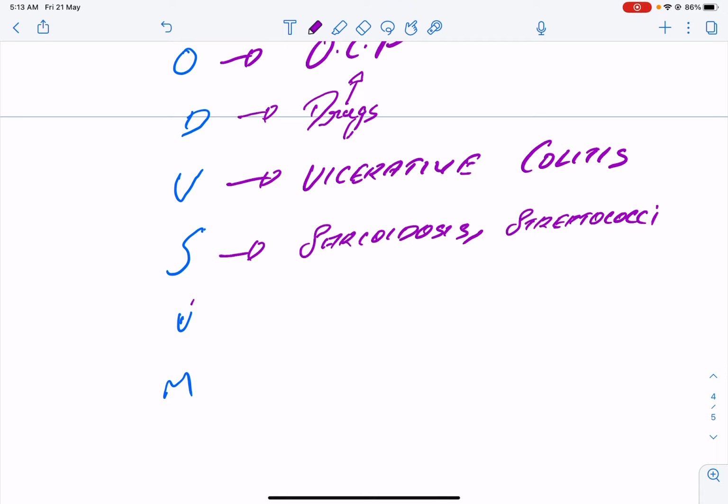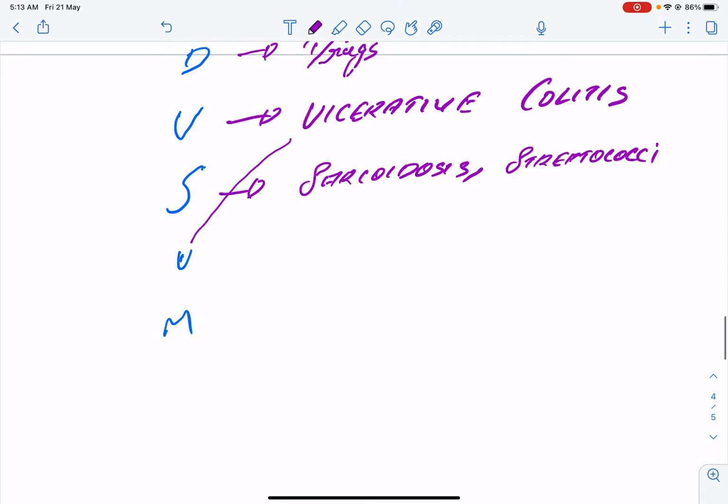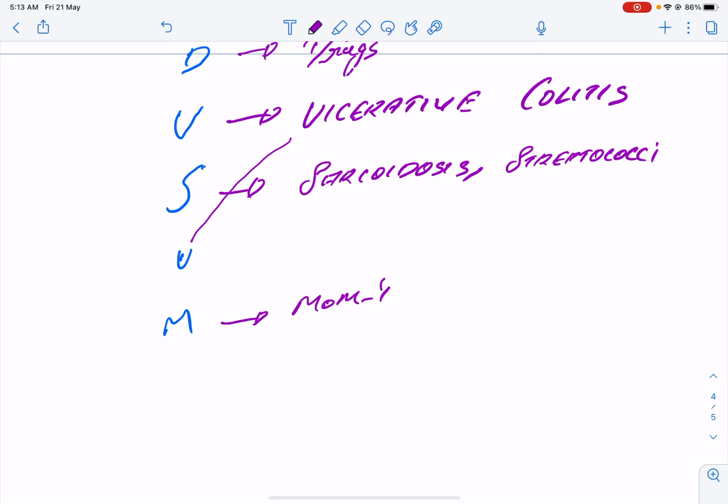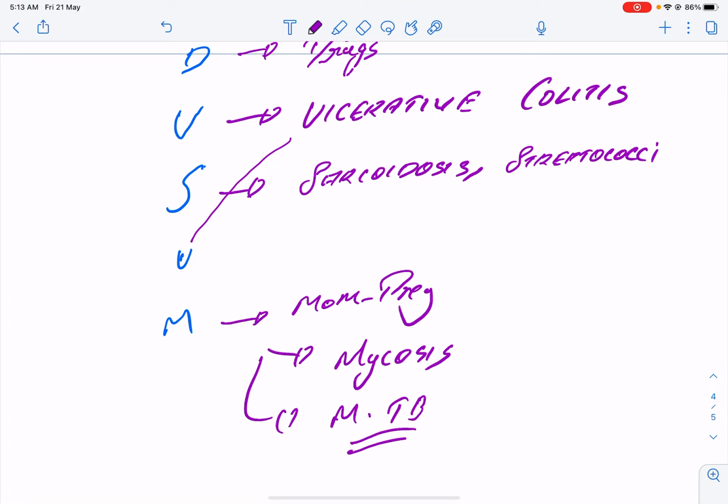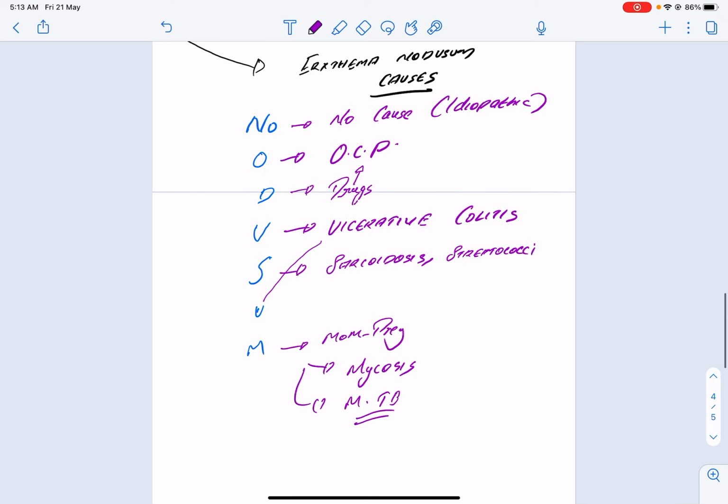Then U again, ulcerative colitis. Remember M like maternity, that is pregnancy, mother, mom. Pregnancy, as well as mycosis, fungal infection, and Mycobacterium tuberculosis. So just to mention here, this is a high-yield topic: the causes of erythema nodosum. So remember that too.